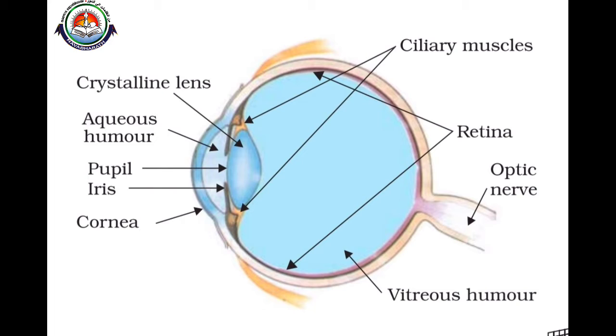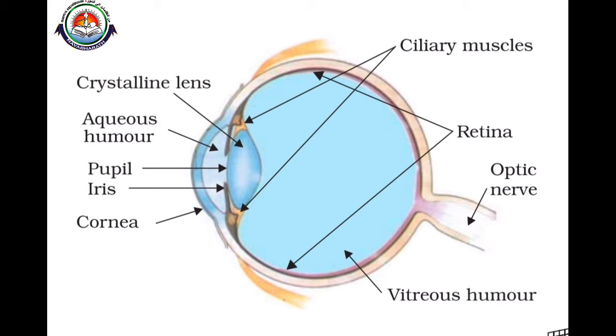Then the next one is the retina. The retina is a delicate membrane having an enormous number of light sensitive cells, and it acts like a screen.